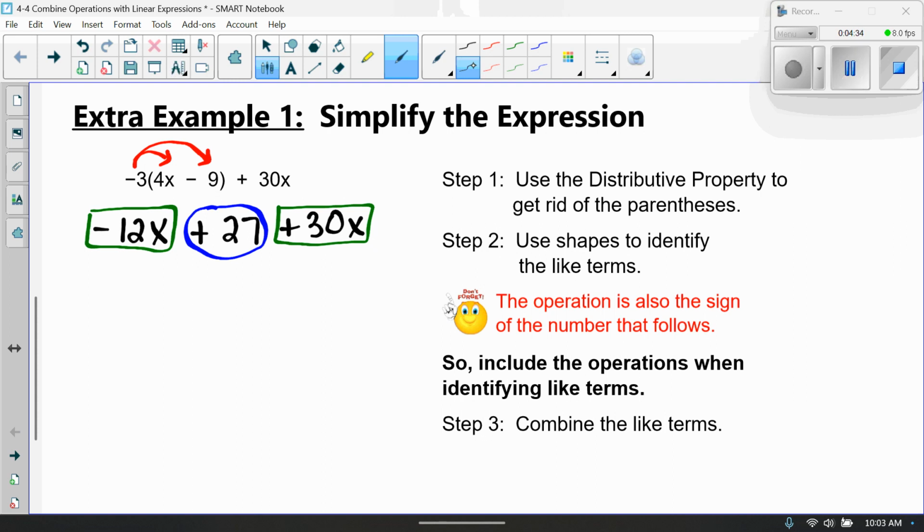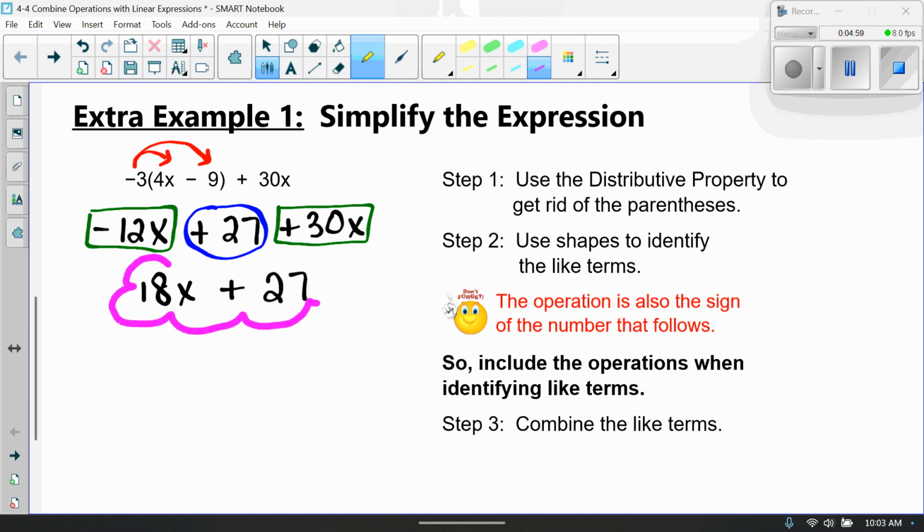So -12x plus 30x, that's going to be a positive, and we subtract the digits, take the sign of the higher number. So that's going to be a positive 18x, and then bring down the positive 27. And that is your final answer.